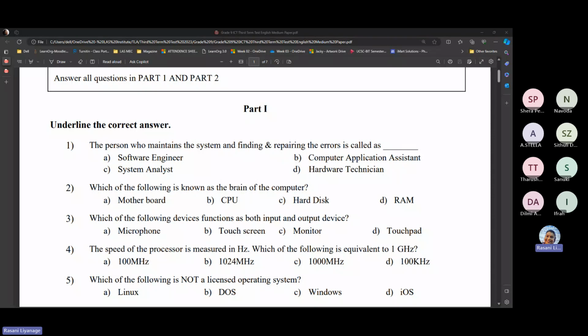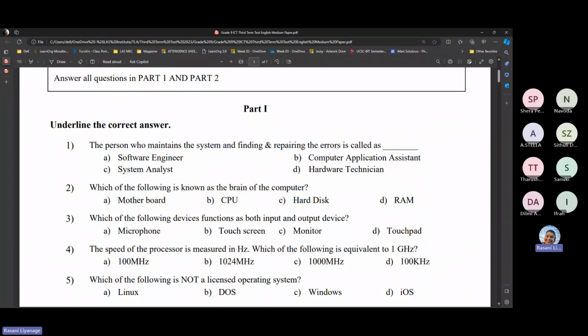The very first thing is computer application assistant. CAA is just to do preliminary tasks with the computer, like making letters, sending emails, sending messages. That person will not have the enormous technical knowledge to maintain a computer system.